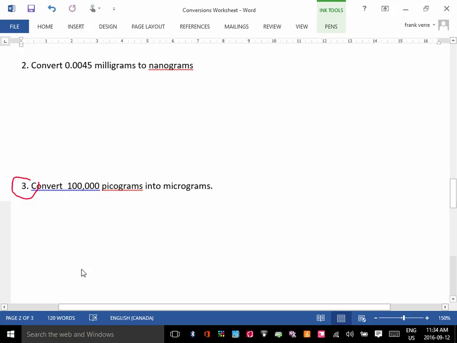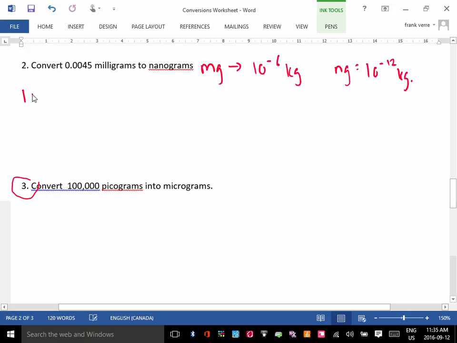I understand. Okay, milligrams to nanograms. Milligram is 10 to the negative 6 kilograms, and nanograms is 10 to the negative 12, using the base unit of the kilogram, right? So how many times bigger is a milligram? Relative to 9.